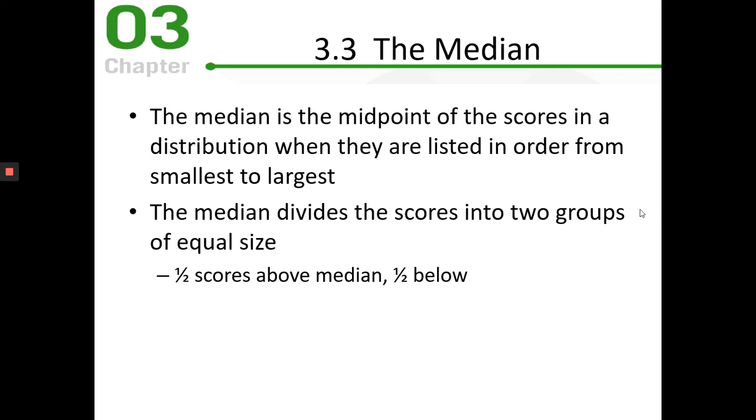And in real life, you've probably seen the median. Usually they use median for things like income or house prices. So if you are ever moving to another city and you're curious about that city, one of the statistics that is often given is median income or median family income for that city.